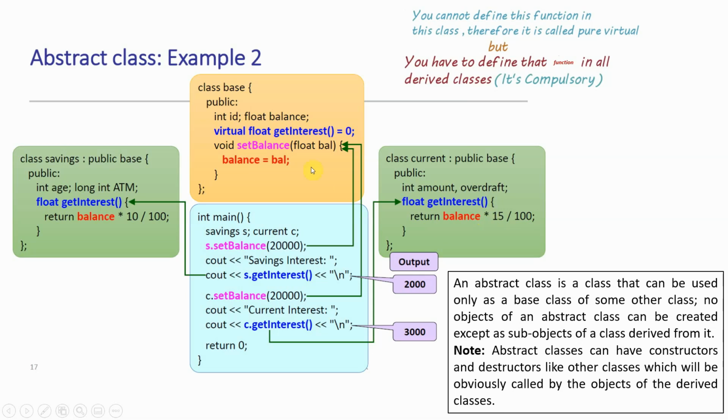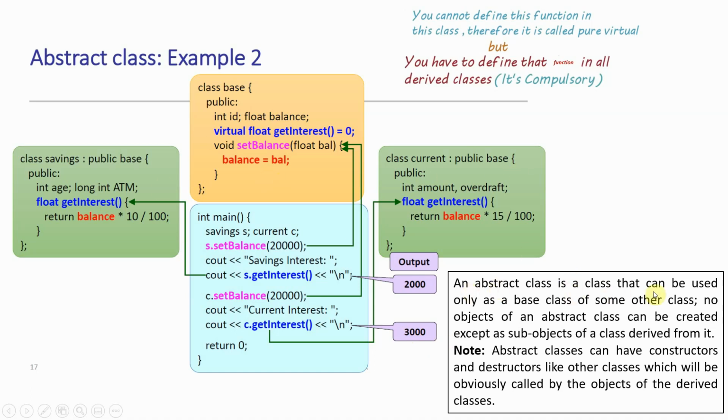However, get interest has to be overridden here because this is a pure virtual function. We can't instantiate any object of this class, right? We can instantiate objects of the other class. And this basically shows you an example of a purely virtual function.